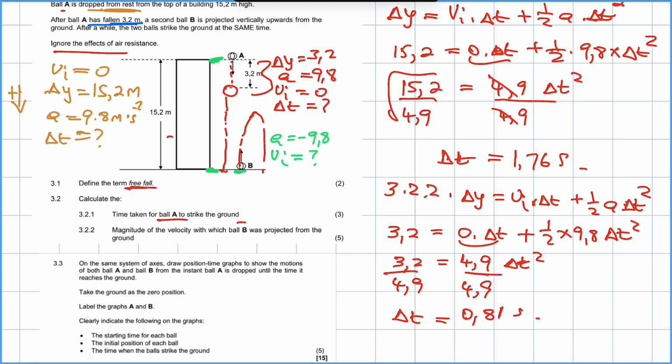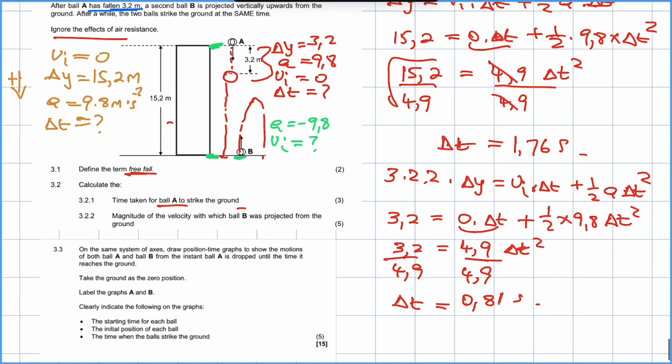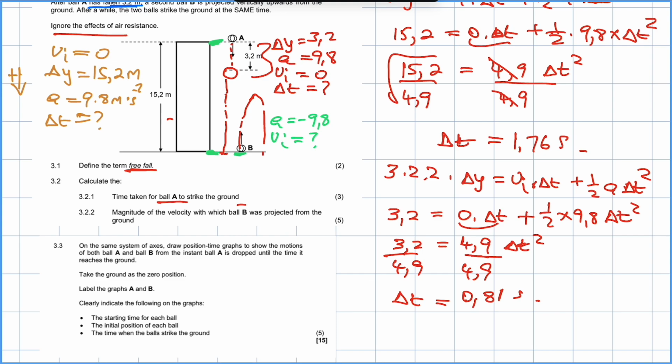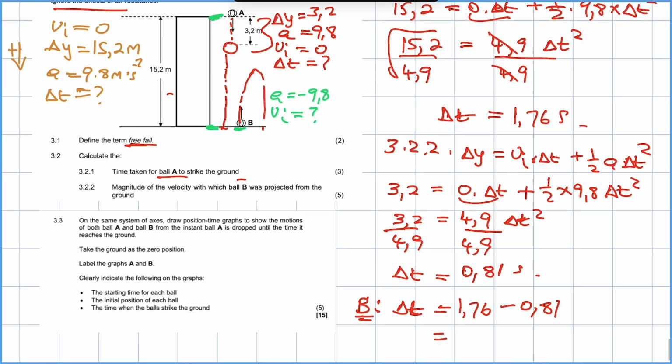Right. And then from there, to get the time it will take for ball B to hit the ground, is just the time it takes A to hit the ground minus 0.81. So the time for B is 1.76 minus 0.81, which gives us 0.95 seconds.